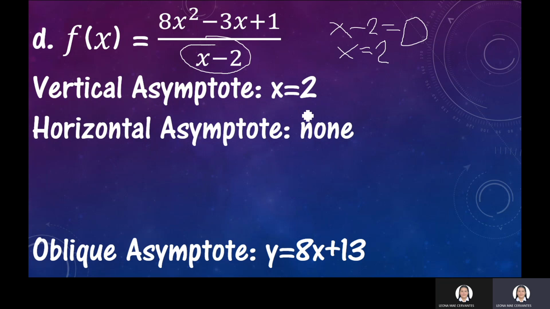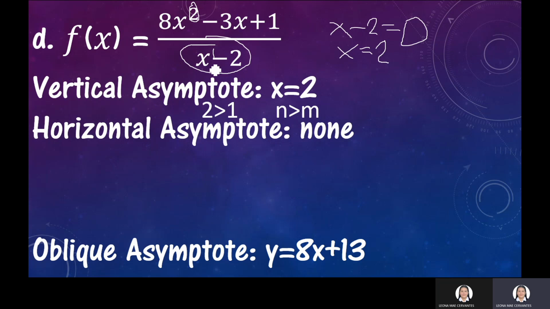Next, for the horizontal asymptote, the highest exponent in the numerator is positive 2. The highest exponent in the denominator is 1. So, 2 is greater than 1. Therefore, n is greater than m.